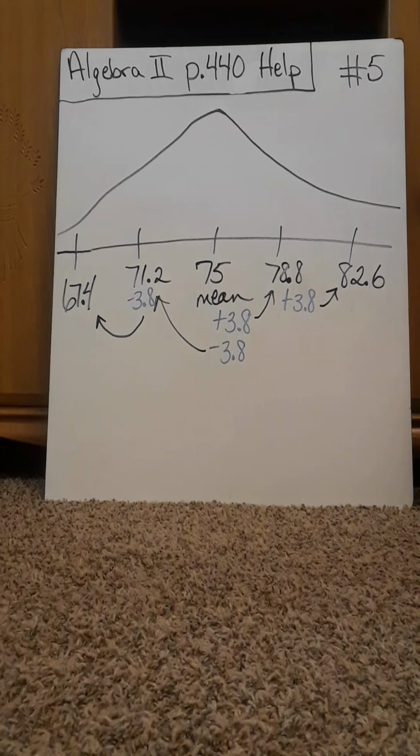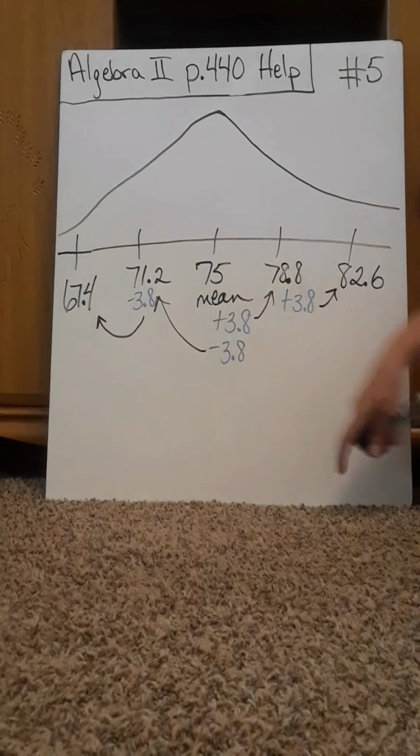If you look at number 5, the first thing you need to notice about number 5 is that it goes with number 4. So you have to go back to the information above number 4, which might be part of the reason why there was some confusion here. If you go back to the information at the very beginning of the problem for number 4, it says a data set with a mean of 75.